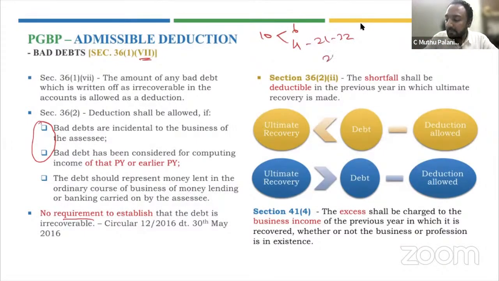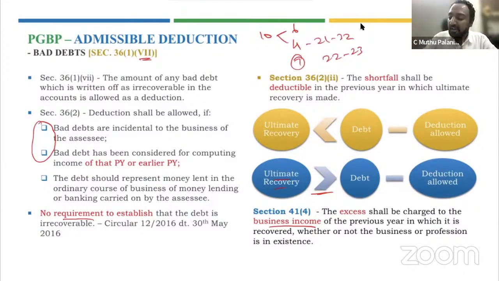Subsequently in 22-23, let's say I am receiving 7. I was supposed to receive 6, but I have received 7, which means the extra one will be treated as my income. Ultimate recovery is more than the bad debt. So in that case, it will be treated as my business income under section 41.